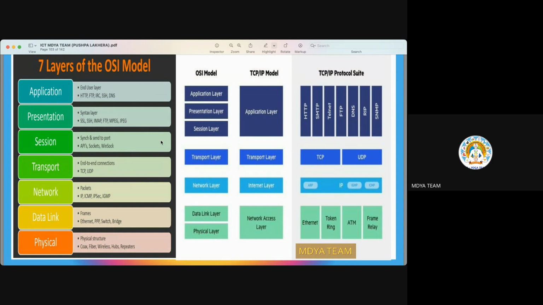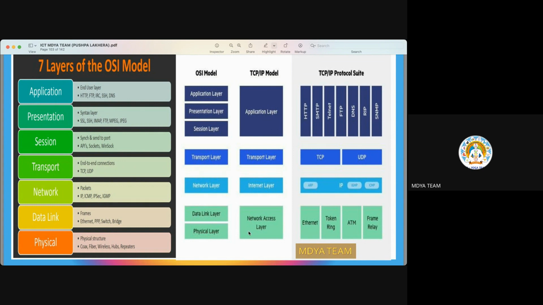In the TCP/IP model, there are only 4 layers. They merge the upper 3 layers, session layer, presentation layer, and application layer, into a single layer named the application layer. The rest, the network access layer, merges the data link and physical layers.